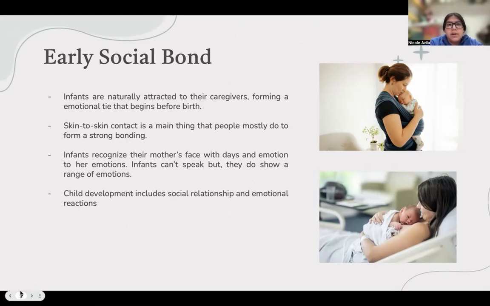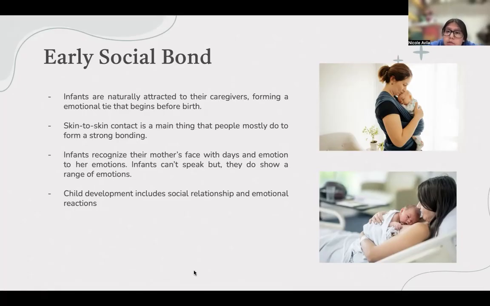Okay, so we're going to be talking about the early social bonds, which is where, in the early stages of the child and their early interactions, infants are naturally attached to their caregivers, and the majority will be their mothers. That's how they start forming an emotional bond that is created before birth.